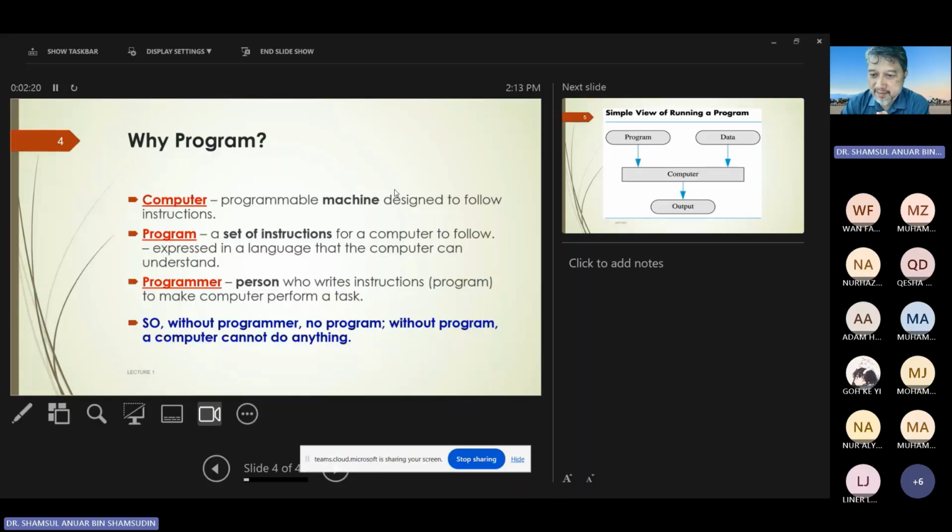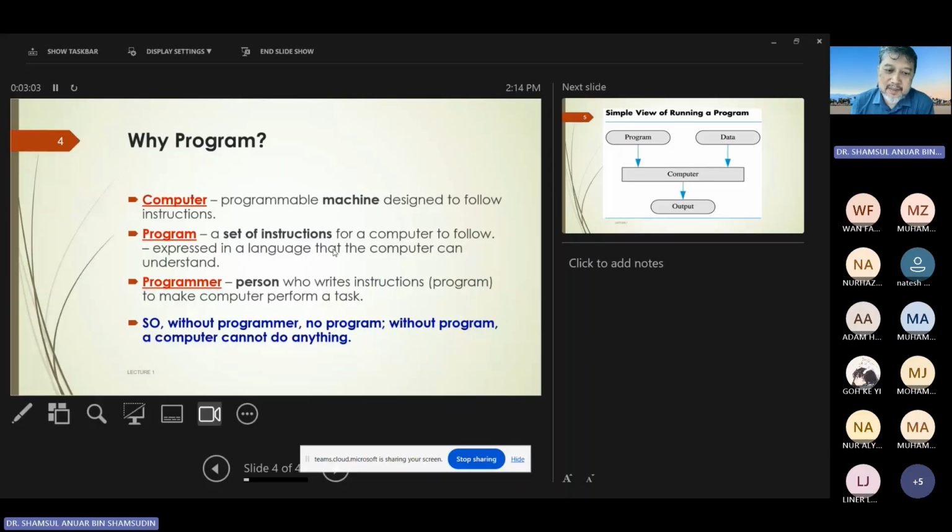Maybe you have heard that computers receive instructions in zeros and ones. We cannot write our instructions in zeros and ones. I guess for most of us that would be very difficult. So we have computer programming languages, which are not Bahasa Melayu, not really English. It's somewhere in between. It's not really human language, but it's not really machine language either.